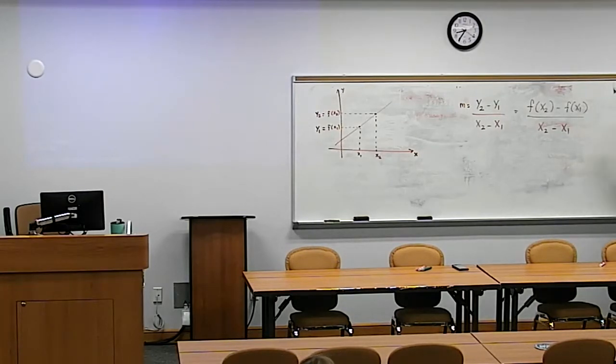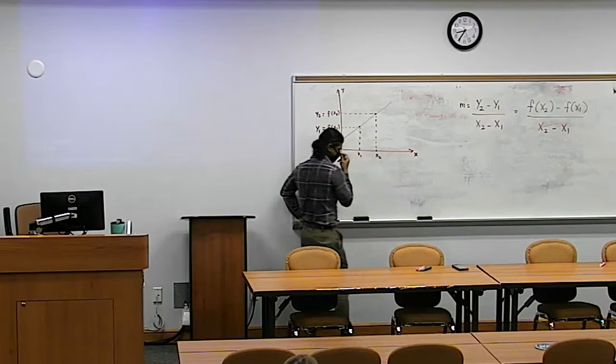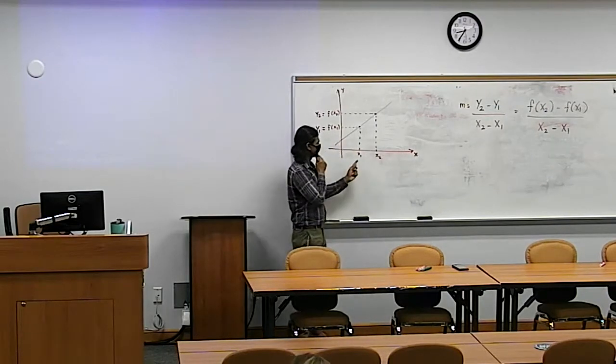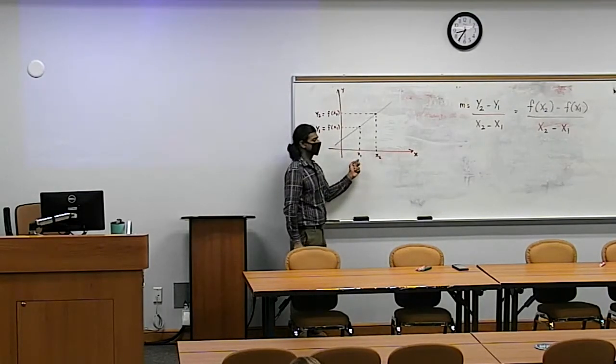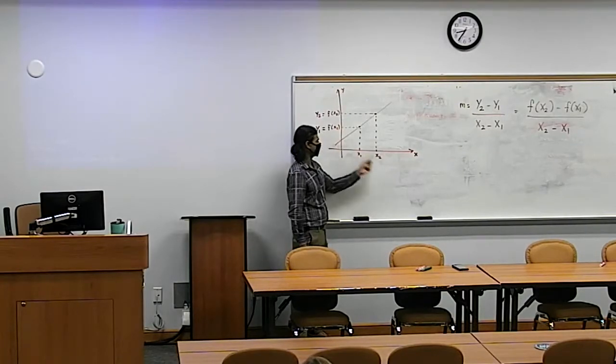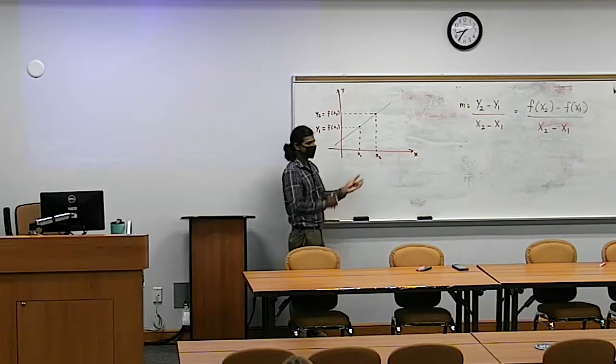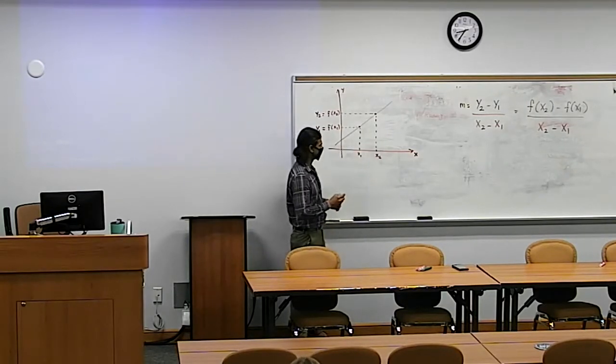Now, if I have to find the instantaneous rate of change at x1, then somehow I've got to move that x2 closer to x1.